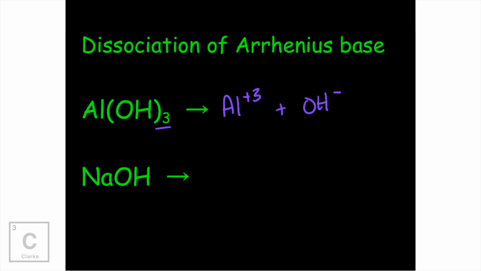So for every 1 molecule of aluminum hydroxide, there would be 3 hydroxide ions to dissociate. Sodium hydroxide, there's just 1 sodium, 1 hydroxide. So we would have sodium and hydroxide. So when we dissolve these into water, the hydroxides and everything dissociates, it's going to increase the hydroxide ion concentration. That's the definition of Arrhenius base.